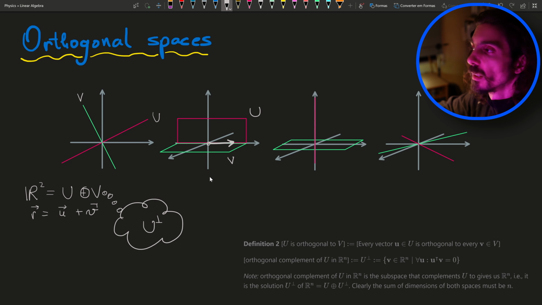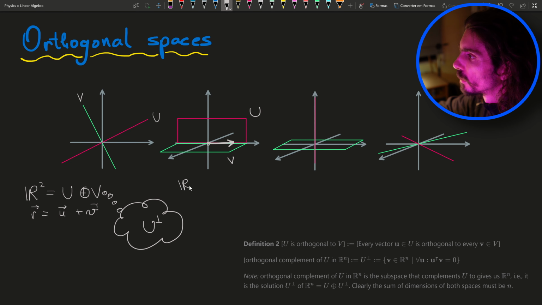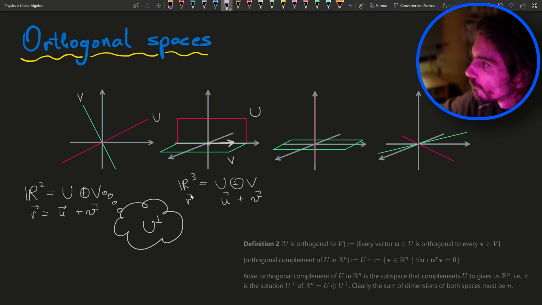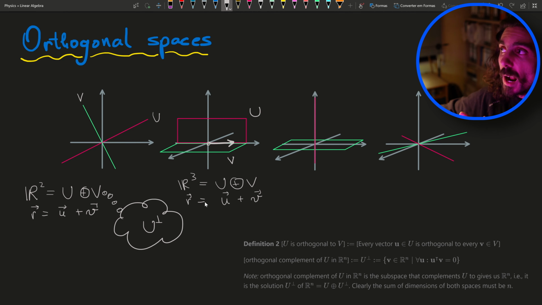In this case, I could write R cubed is equal to U plus V. I could also always write any vector in 3-dimensional space as some summation of U plus V. But they are not orthogonal to each other, these 2 spaces. And moreover, there is no orthogonal complement in this situation as well.